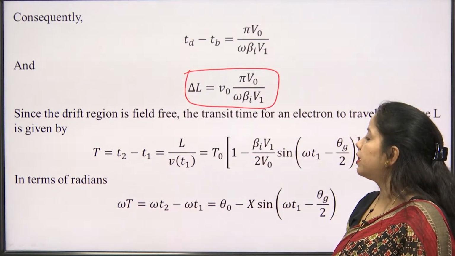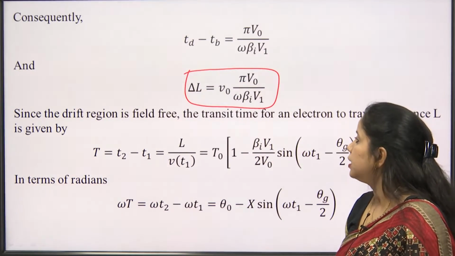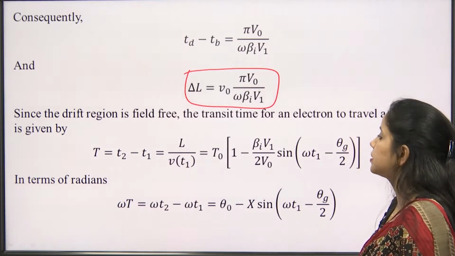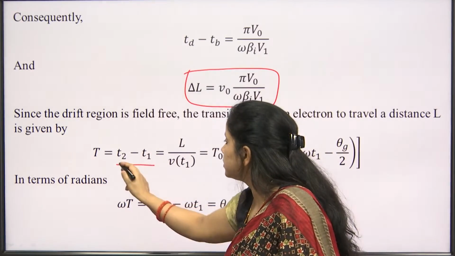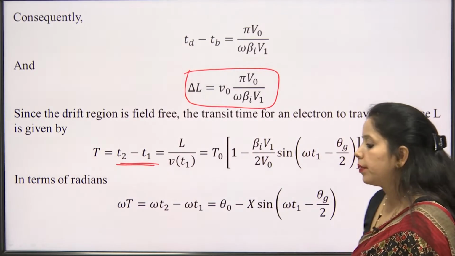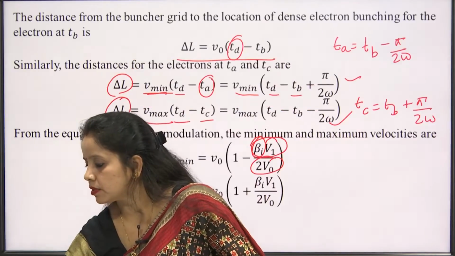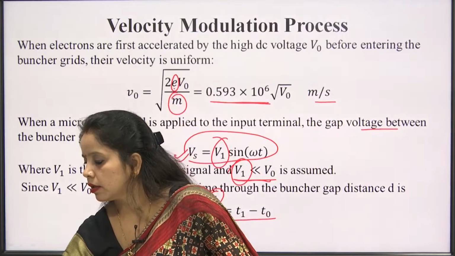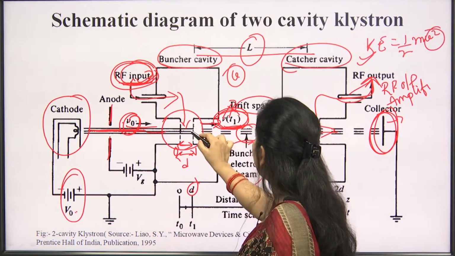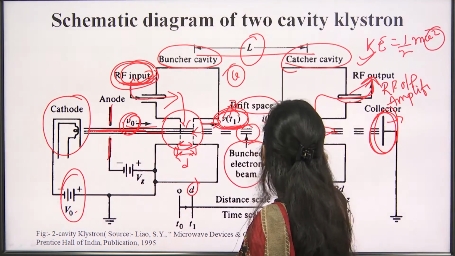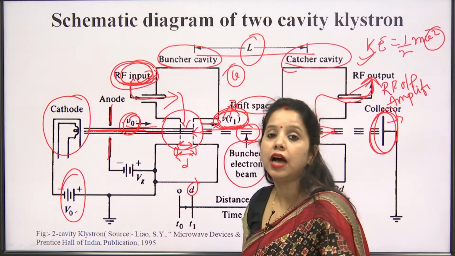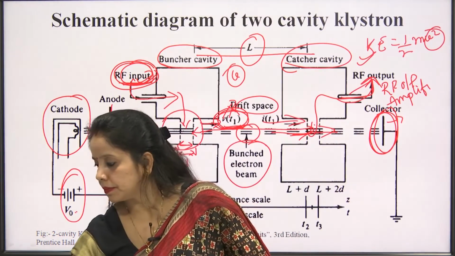Now, since the drift region is field free, the transit time of an electron to travel a distance L is given by T2 minus T1. If you want to look at the drift distance, you can see it here. This is the drift space after leaving the buncher cavity till it reaches the catcher cavity, so that it can go outside.